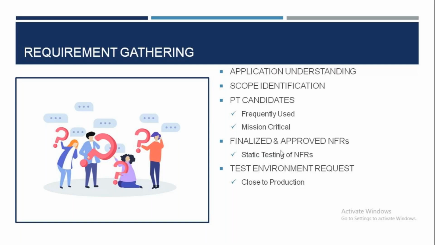You're going to ask the environment team for a performance test environment. And why did we ask about production? Because your performance test environment specifications should be similar to production. Very important point.